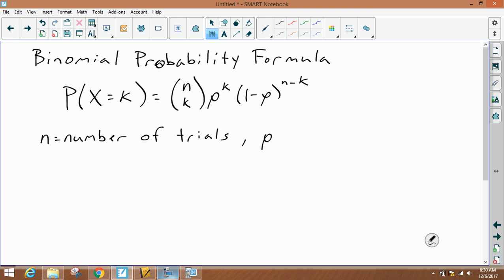P is the probability of success on each trial. And then k, we'll be looking at the kth trial, right?